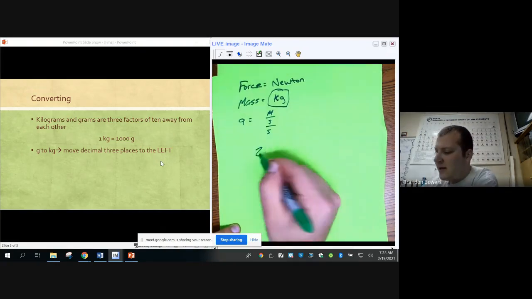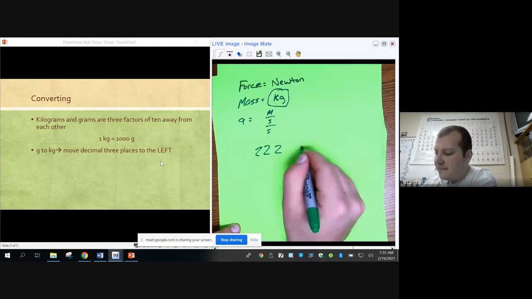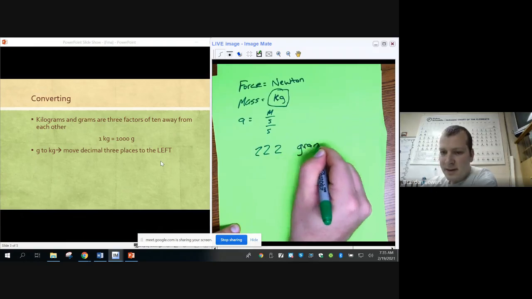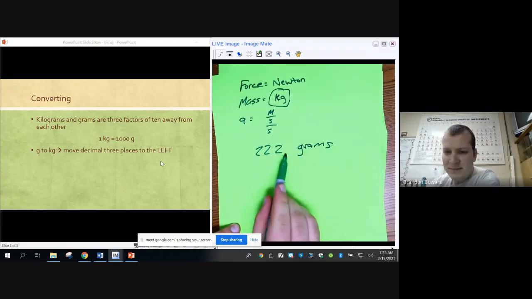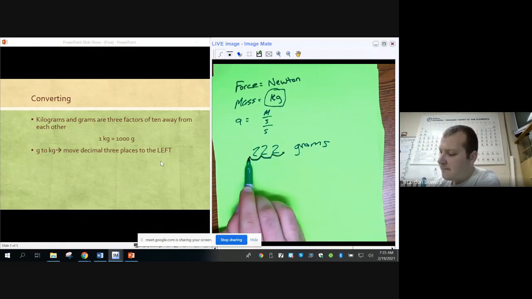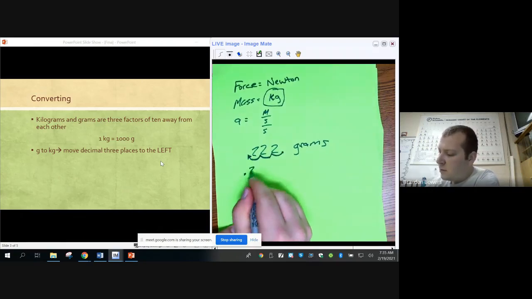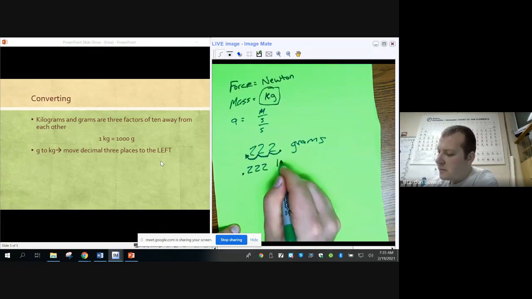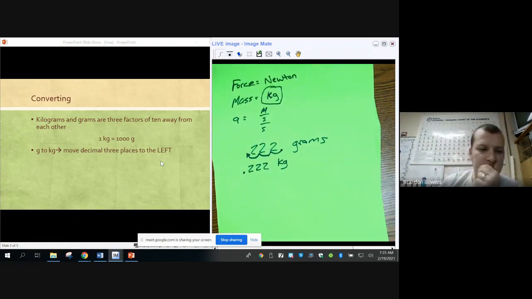So let's say you have 222 grams. Right now my decimal is right here, so if I move it 3 to the left, that leaves me with 0.222 kilograms. Kilograms to grams would be to the right.